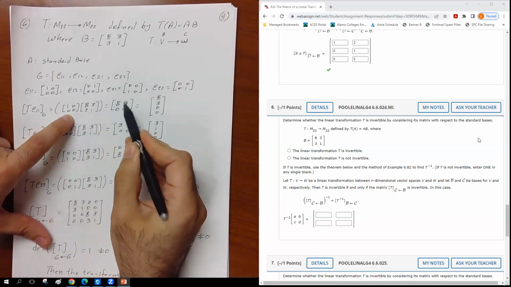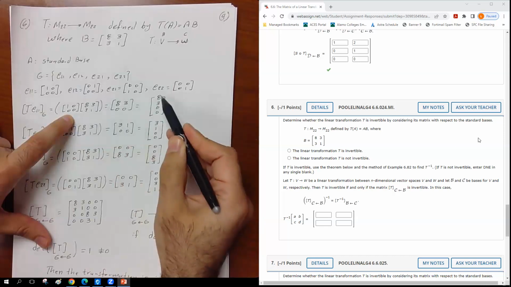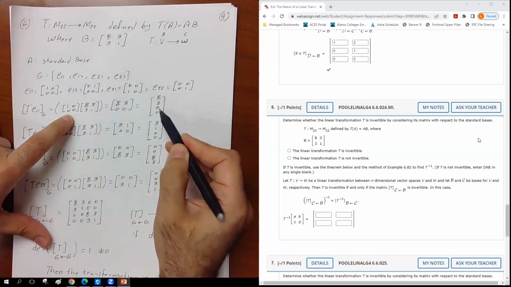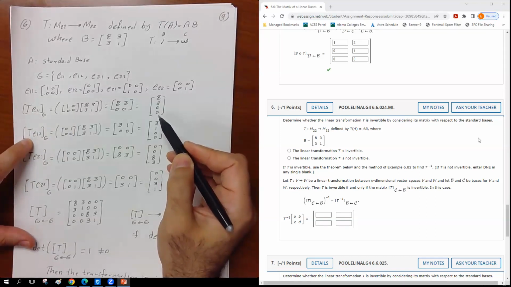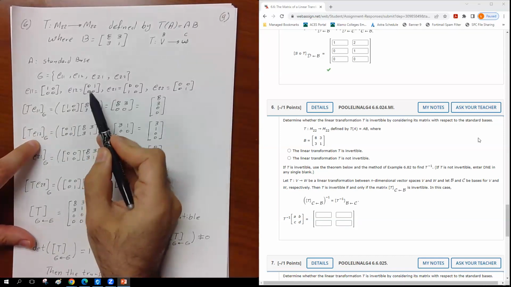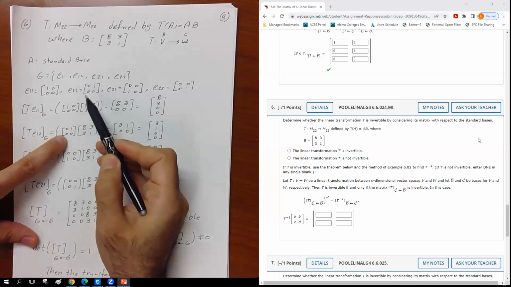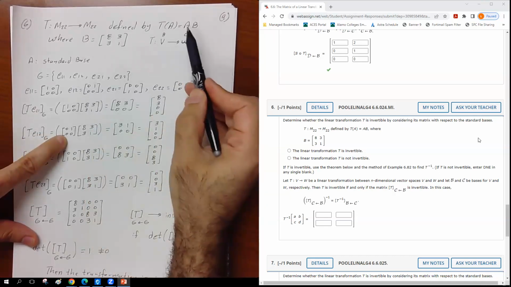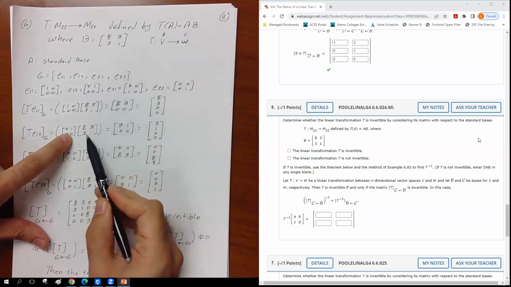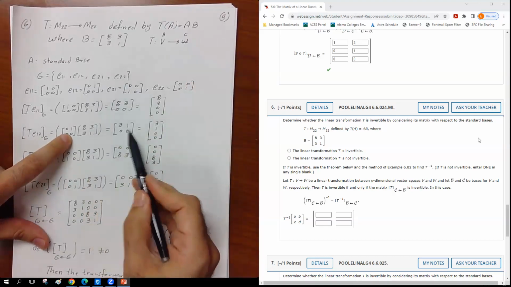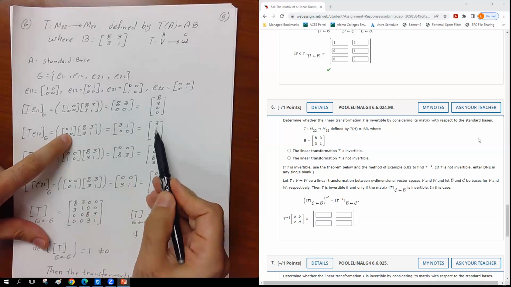So we're going to get 8, 3, 0, 0. That means the first column is going to be 8, 3, 0, 0. We're going to do the same thing for the transformation of the second element of the standard base. The transformation is going to be A times B, here is our matrix times the matrix B. So we're going to get the second column, 3, 1, 0, 0.